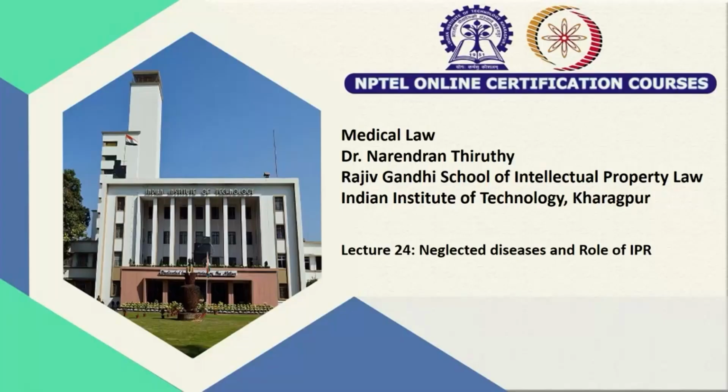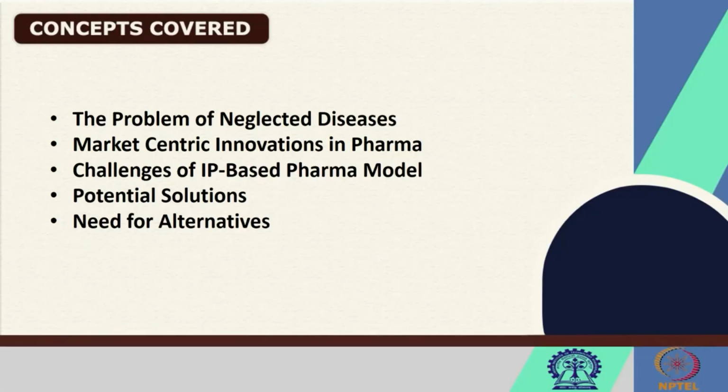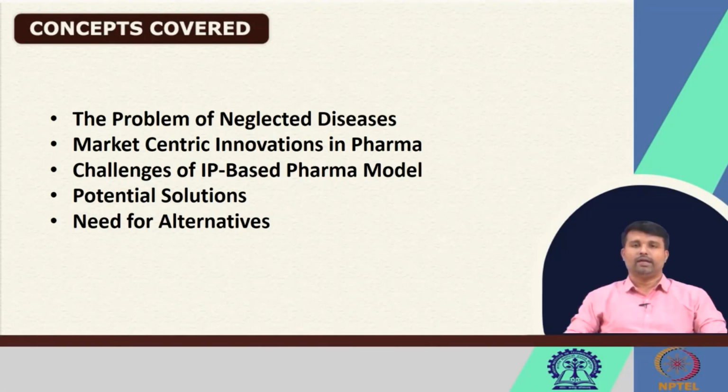Welcome to the course on medical law. This lecture will be about neglected diseases and the role of intellectual property rights. The concepts covered in this lecture are the problem of neglected diseases, market-centric innovations in pharma, the challenges of intellectual property based pharma innovation model, the potential solutions for this problem, and the need to look for alternatives.